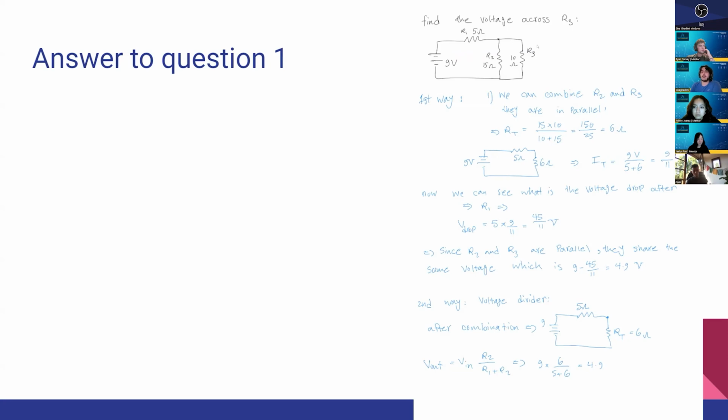Or instead of calculating the current, we can use the voltage divider after combining these two resistors, and we would save time and do fewer calculations. Any questions? Anybody has any question about this? One question, two question, three questions, nothing?